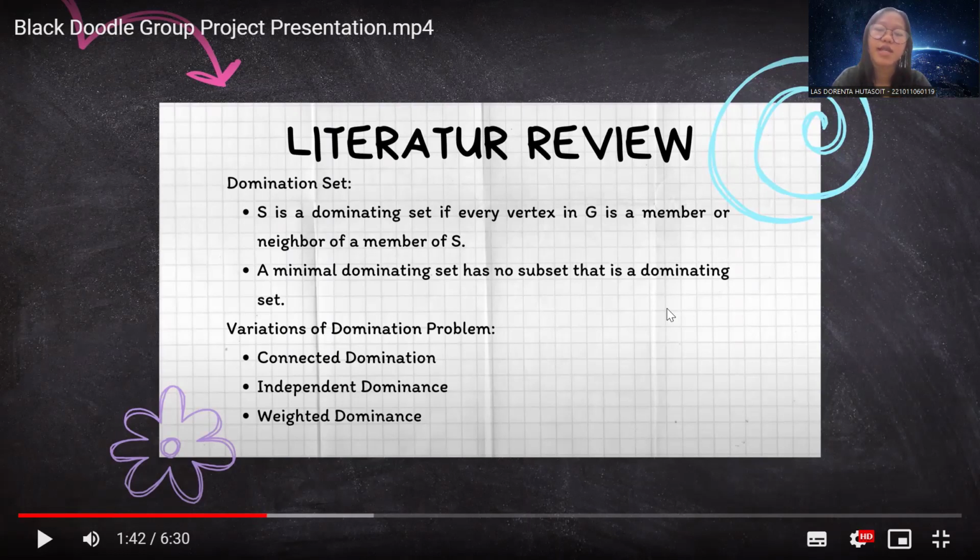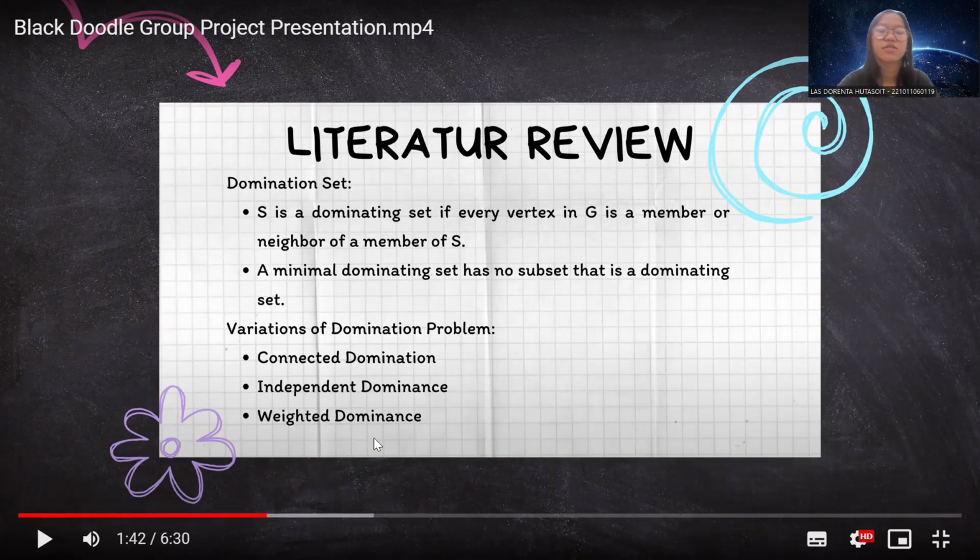Connected domination: the dominating set must form a connected subgraph. Independent domination: the vertices in the dominating set must be non-neighboring. Weighted domination: each vertex has a certain weight, and the goal is to minimize the total weight of the dominating set.